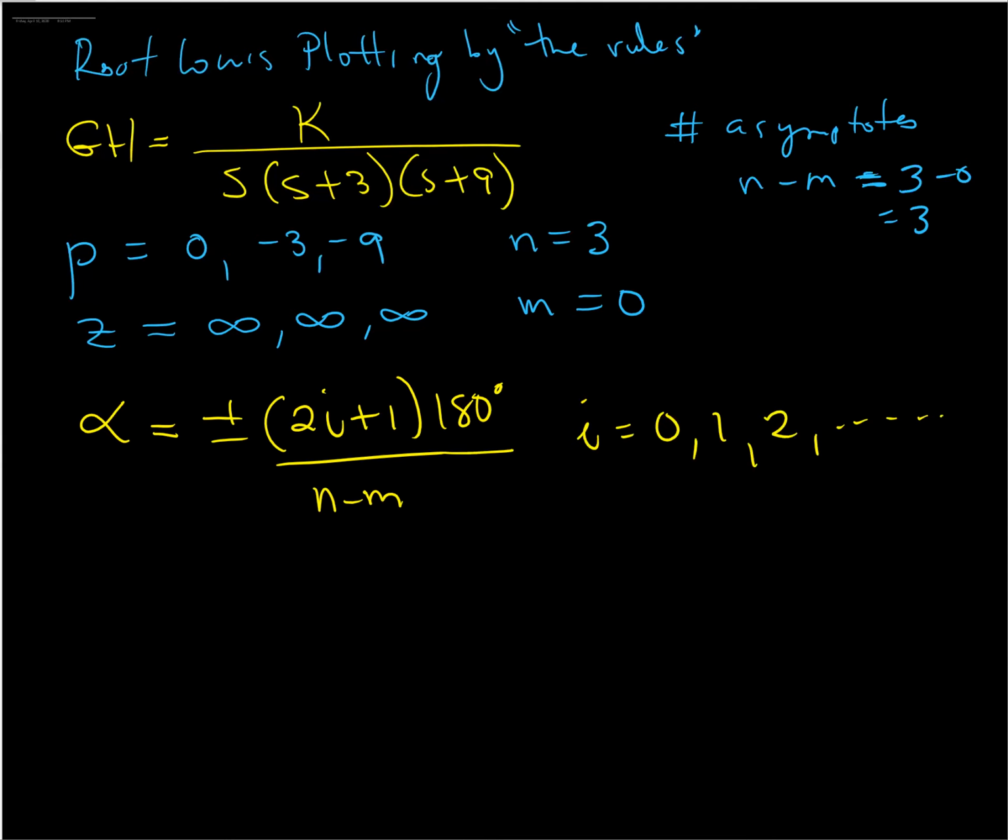How you use this equation is I start with i equal to 0, and I get an angle of plus or minus 60 degrees. Now I know I need 3 asymptotes, and that only gives me 2. So I do this again with i equal to 1, and I get plus or minus 180, which is the same thing. So this gives me my 3 asymptotes. I don't have to keep going with i, and even if you did, you would find that the angles just keep repeating.